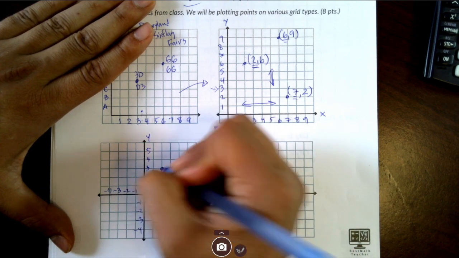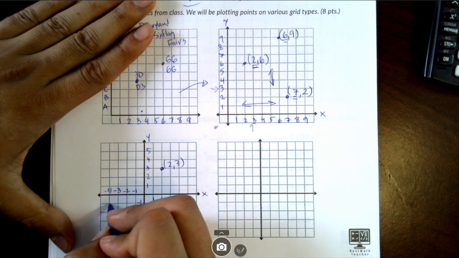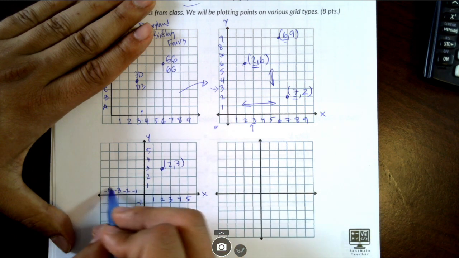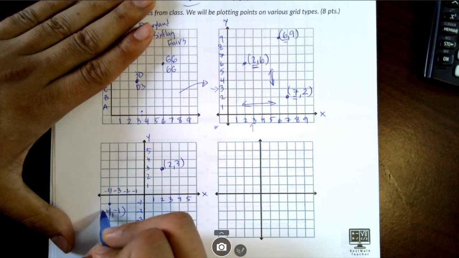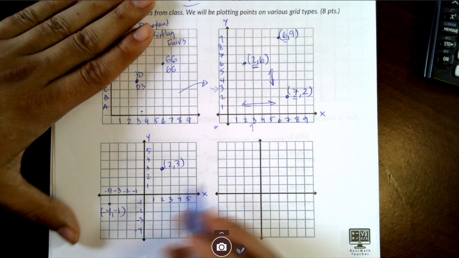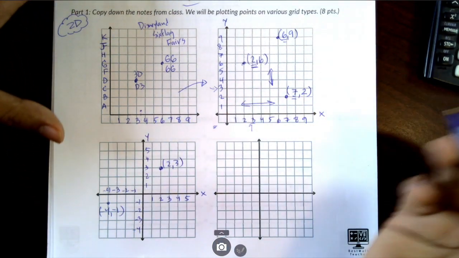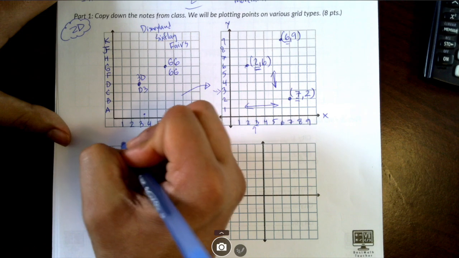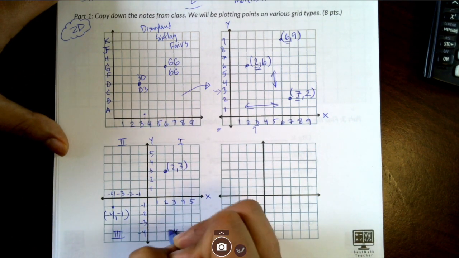I can place a dot here. That's 2, comma 3. I can place a dot, let's see, right here. This is -4, comma -1. So just know that this quadrant. Now we have quadrants. This is quadrant 1, quadrant 2, quadrant 3, and quadrant 4.